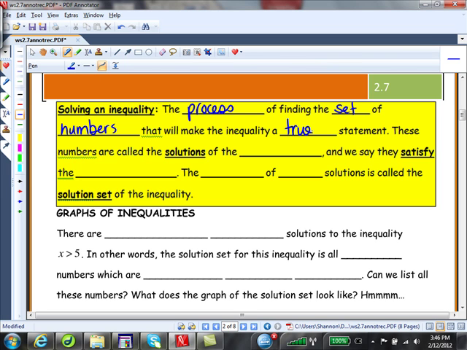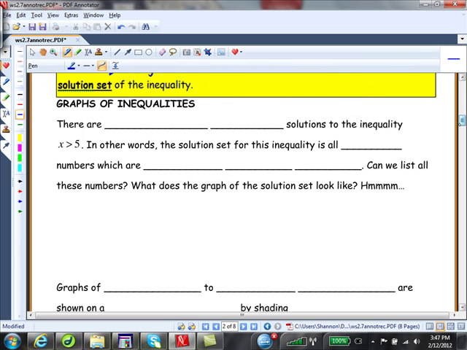These numbers are called the solutions of the inequality, and we say they satisfy the inequality. The set of all solutions is called the solution set of the inequality.